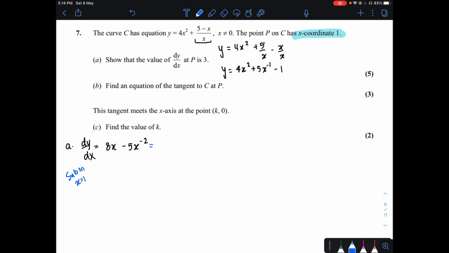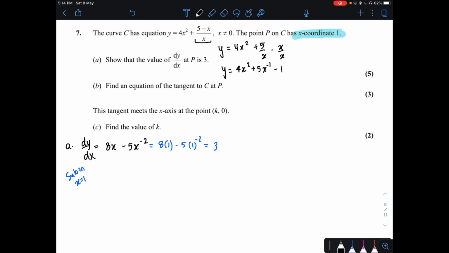When you sub it in, it becomes 8 times 1 minus 5 times 1 to the power minus 2, which is just 1. So this becomes 3. So we have proven that the value of dy over dx at P is 3, because we substituted x equals 1.